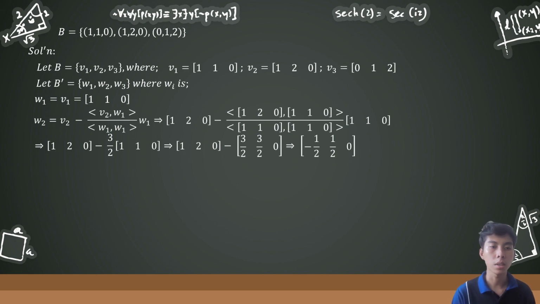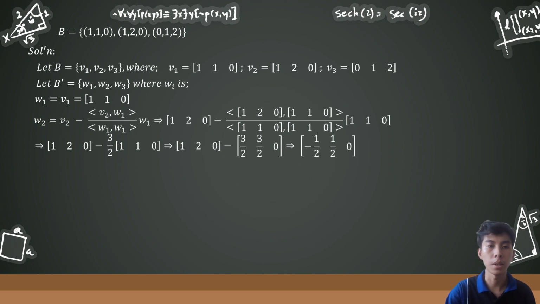This equals the vector (1, 2, 0) subtracted by the vector (3 over 2, 3 over 2, 0), which is equal to the vector (negative 1 over 2, 1 over 2, 0). So that is now the value for our vector w sub 2.